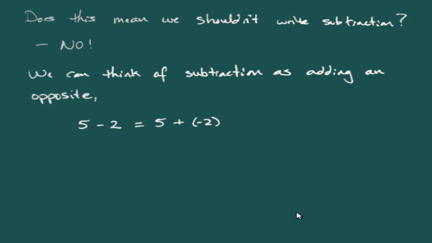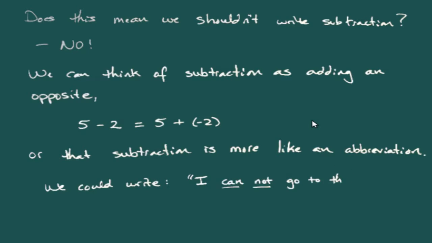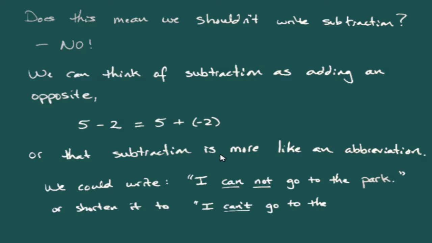And so what this really leads to is us thinking of subtraction as an abbreviation for adding on a negative. And so when we talk about the subtraction abbreviation, that's really what we're talking about. It would be similar if we were writing sentences that said, I cannot go to the park, but instead we wanted to shorten that and use an abbreviation, I can't go to the park.